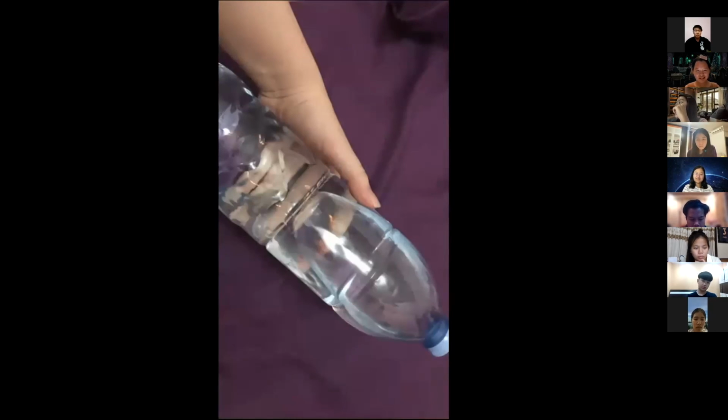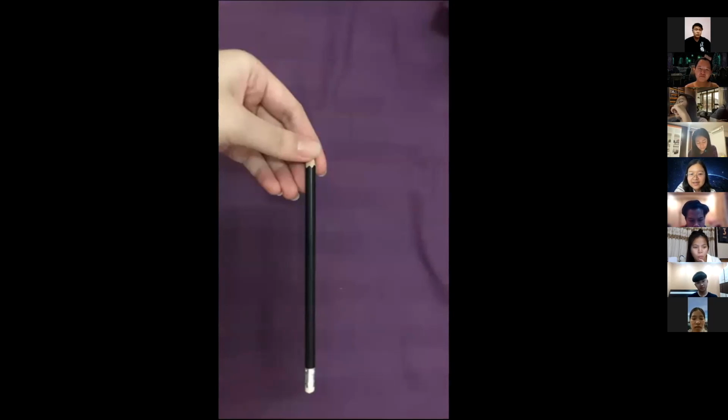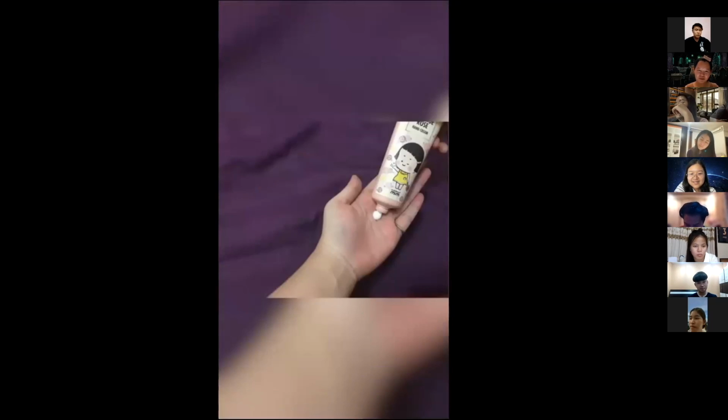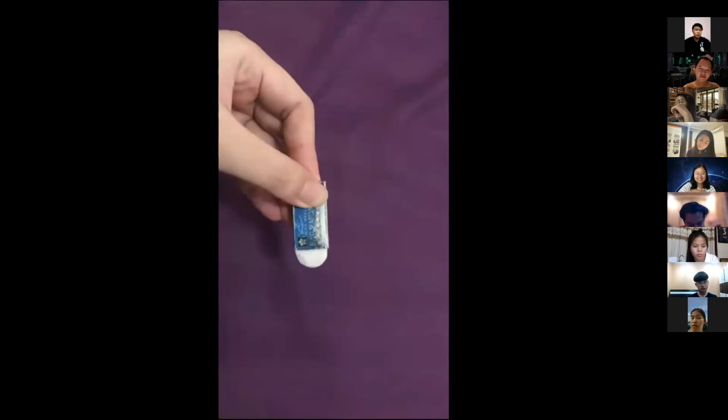The fourth item is water. The state of matter is liquid. It can evaporate to become gas. The fifth item is pencil. The state of matter is solid. The sixth item is lotion. The state of matter is liquid. The seventh item is eraser.